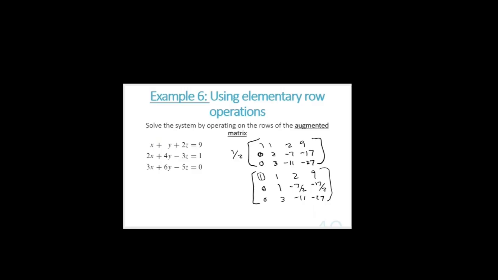If we did -3 times that second row and added it to the third, what would the resulting matrix be? The first one is obviously going to stay the same. We've got -3 times 0 plus 0, that's going to give us 0.